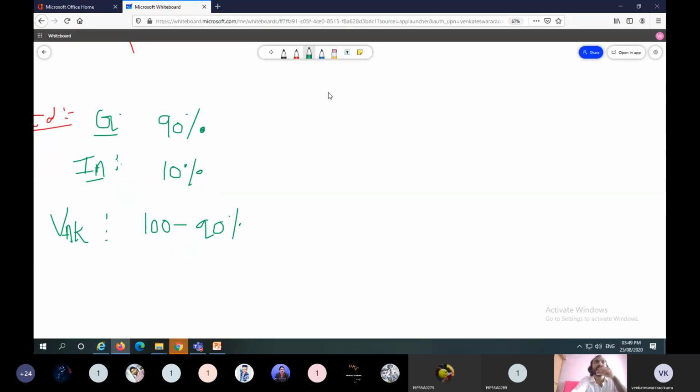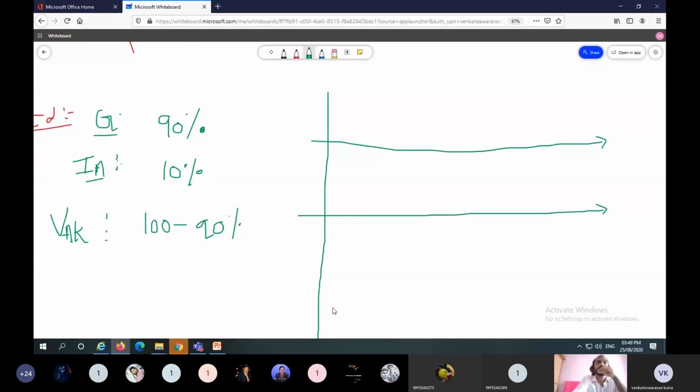If you draw the characteristics, this one is for gate current, this one is for anode current, and this one is for VAK, the voltage across the switch.